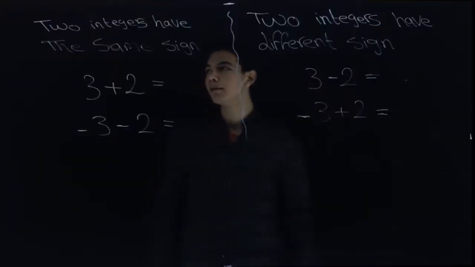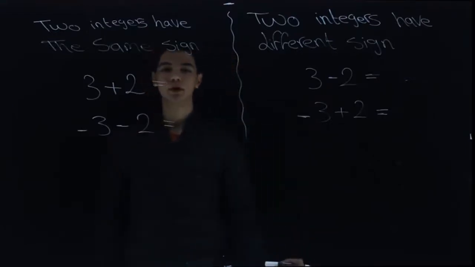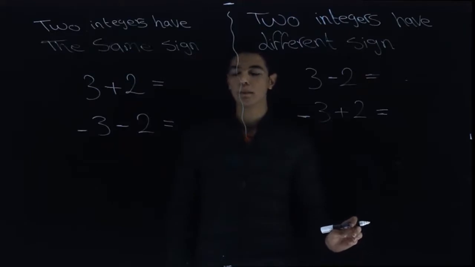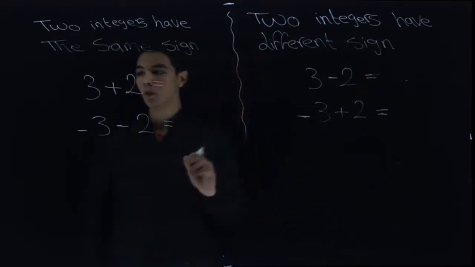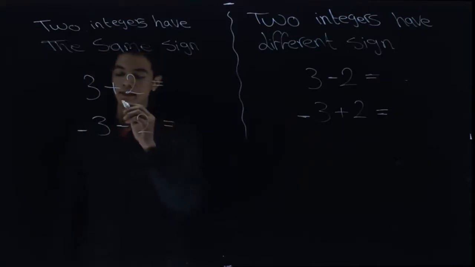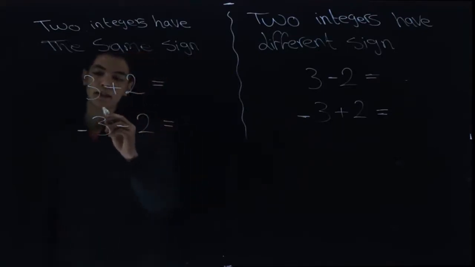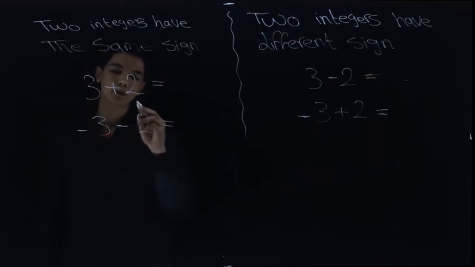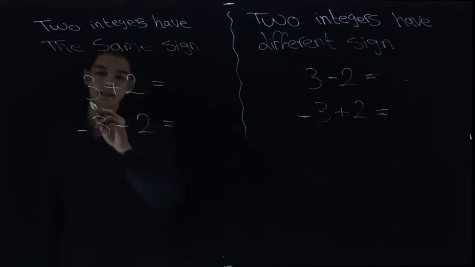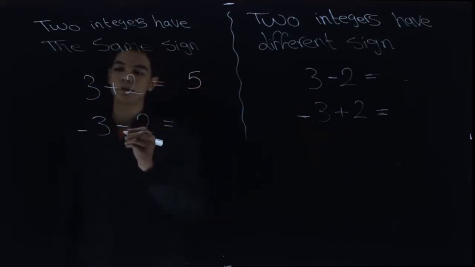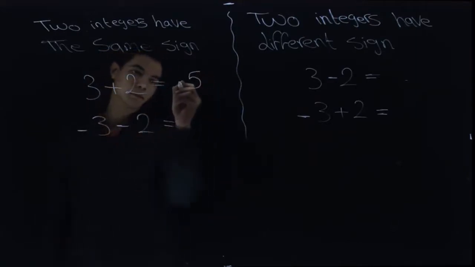Practically, if we have two integers that have the same sign, we add them and put the sign of both of them. As an example, we have 3 plus 2. The first integer has a positive sign and the second integer has a positive sign, so we add them. 3 plus 2 equals 5 and we put the sign of both of them, which is positive.